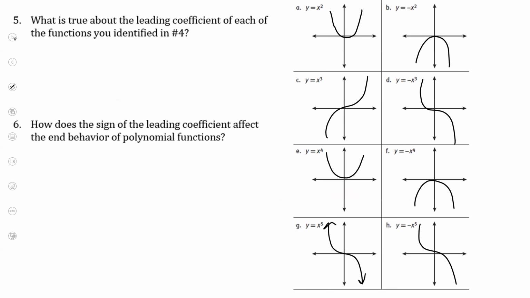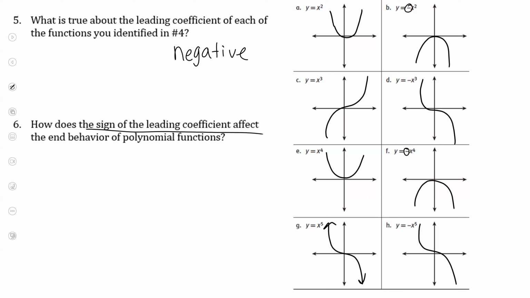For question number 5, what is true about the leading coefficient of each of these? So guys, what do you know about the leading coefficient here? Yep, that's why they're facing down. So they are negative. Okay, so how does the sign affect the end behavior? It'll basically be the opposite, correct?